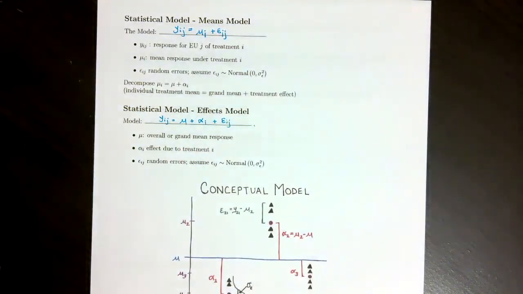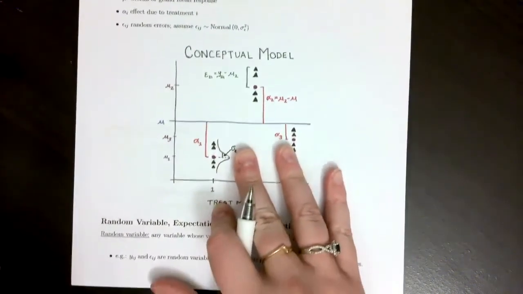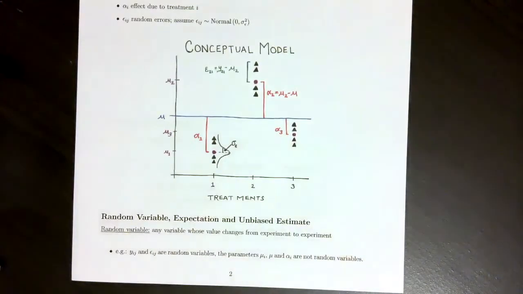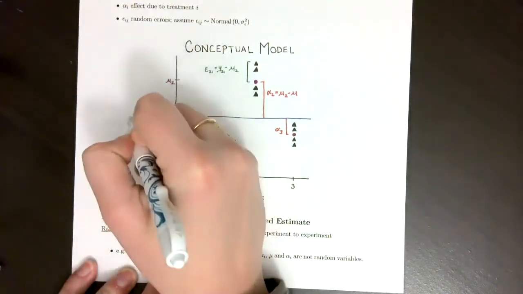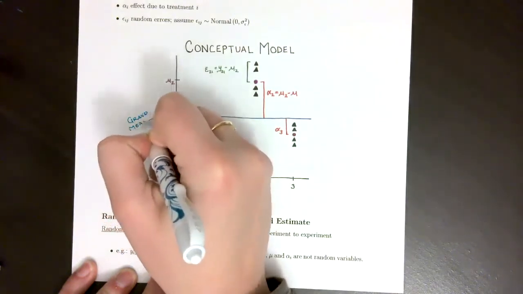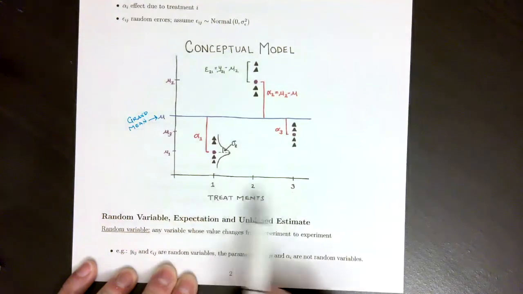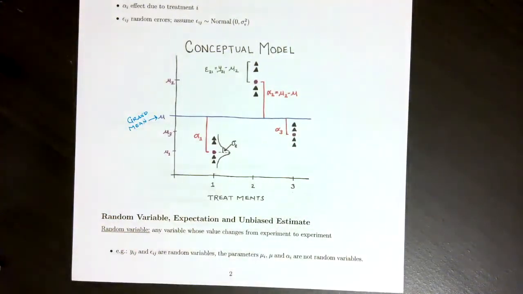Okay, and so to help understand this a little bit better, I have this conceptual model right here. So let's just talk about this real quick. We're going to have a true mean, the mean for all of the observations, and that's represented right here. This is the grand mean. And then for each treatment, in this case we have 3, we are also going to have our group means.